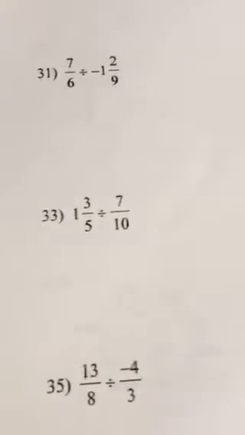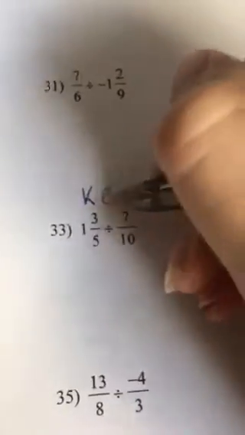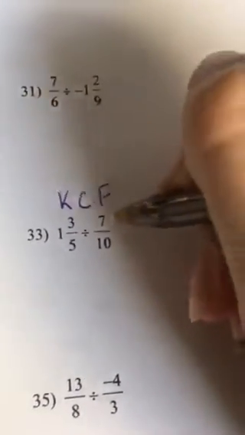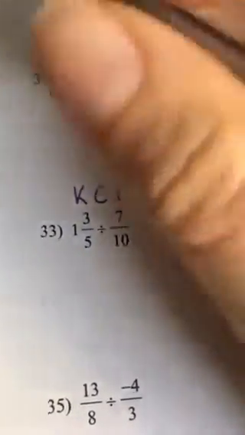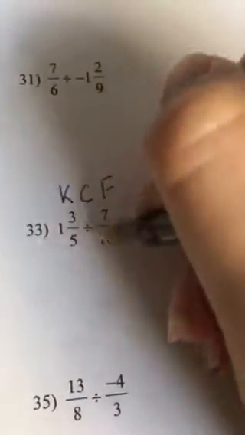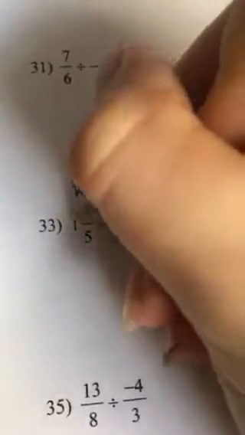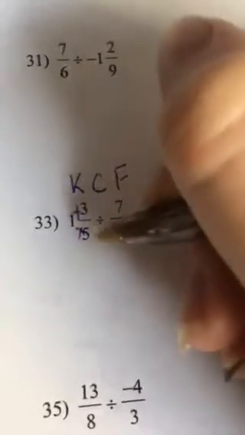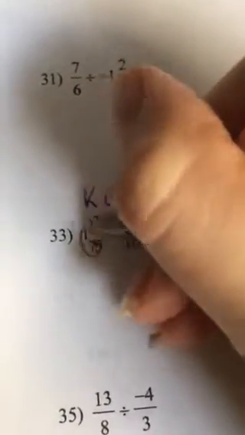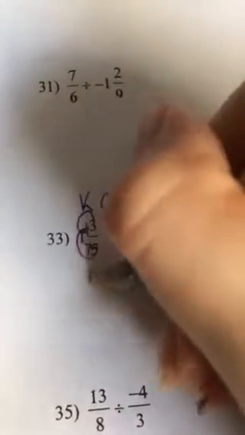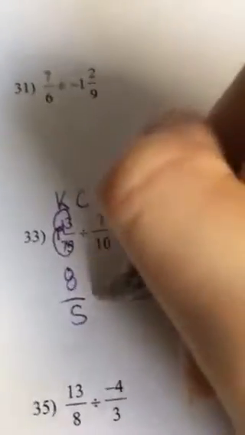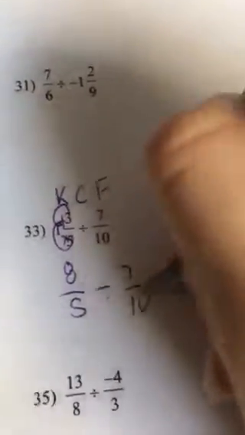When you're dividing with fractions, we think of keep, change, flip. Before I do that though, I need to change any mixed numbers into improper fractions. So I do 5 times 1, which is 5, plus 3 is 8, so I get 8/5 divided by 7/10.